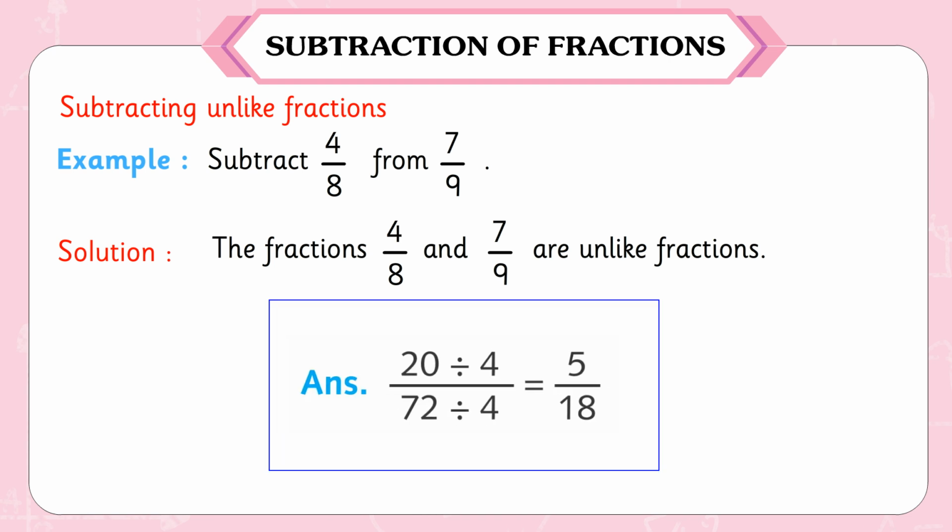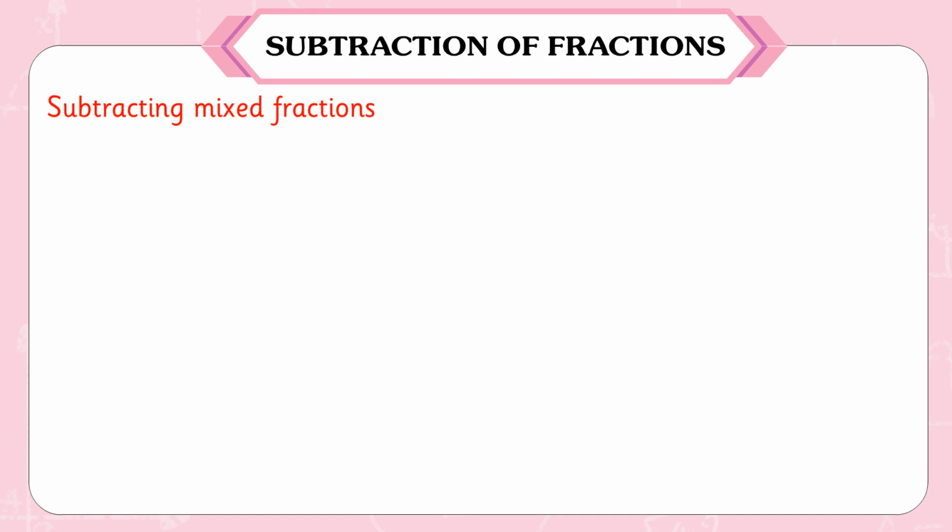Answer. 20 divided by 4 upon 72 divided by 4 is equal to 5 upon 18.